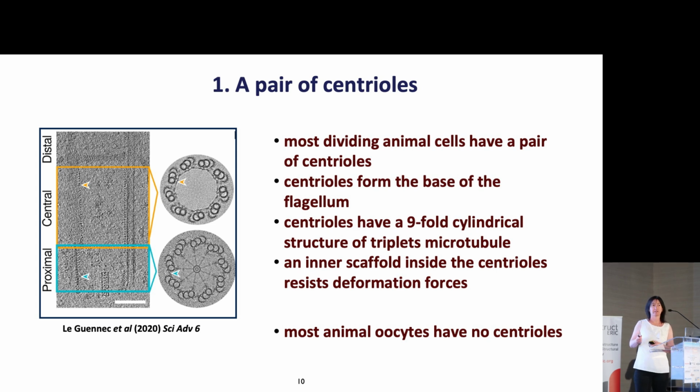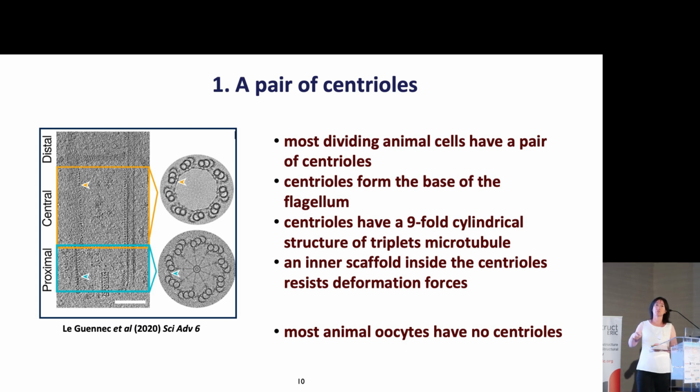So centrioles, as you might remember from your cell biology classes, are a very important organelle to have in every cell. And their number is very well regulated, so every cell should have two centrioles.